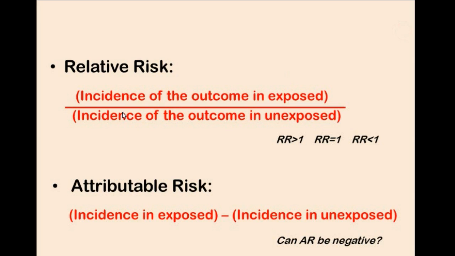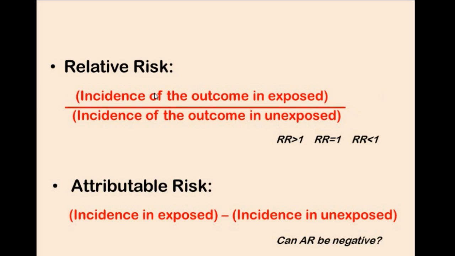This is the equation for relative risk. It's quite straightforward. You take the incidence, or the new cases of the outcome, in this case lung cancer, amongst the exposed group, in other words amongst the smokers in our study, and divide it by the incidence, or new cases of the outcome, which is lung cancer, in the unexposed group, or in the group that does not smoke.